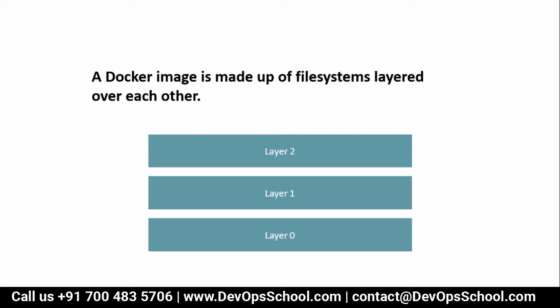An image is nothing but a collection of file systems, like multiple file systems: a root file system, user file system, application file system, multiple application file systems.